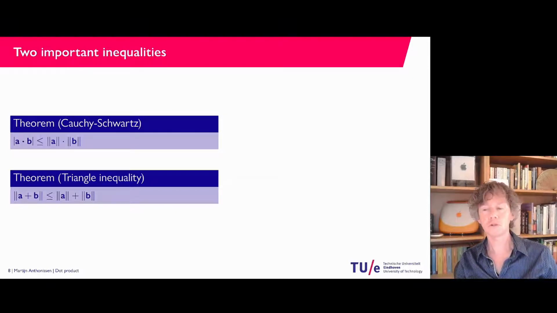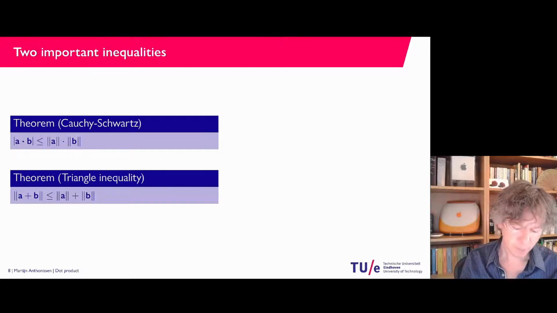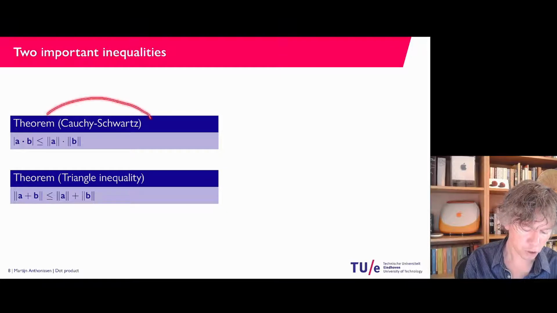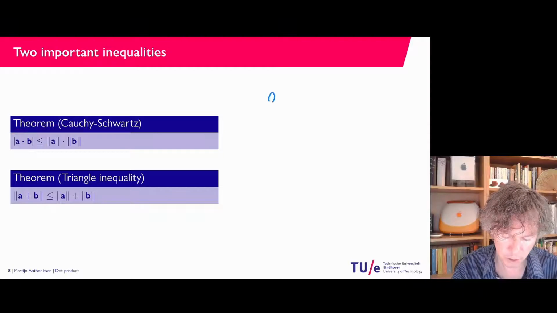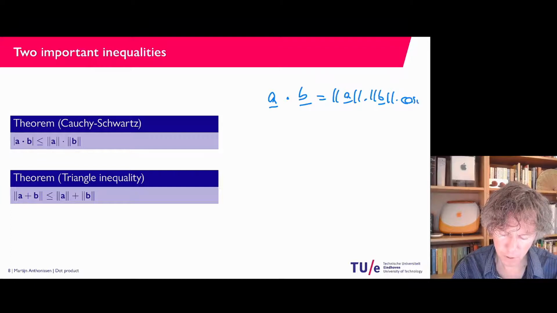Two more properties of the dot product. First, the Cauchy-Schwarz inequality, and that says that if you take the absolute value of A dot B, that is less or equal length A, length B. And that makes sense because we have seen that A dot B is length A, length B, cosine theta.